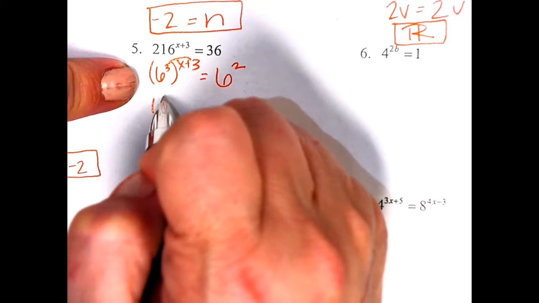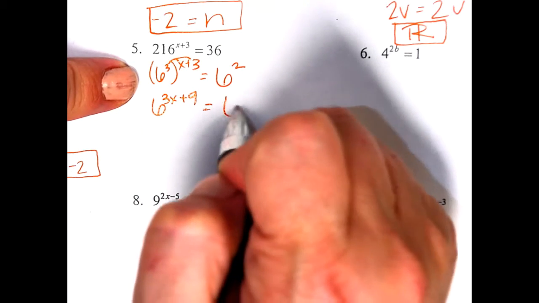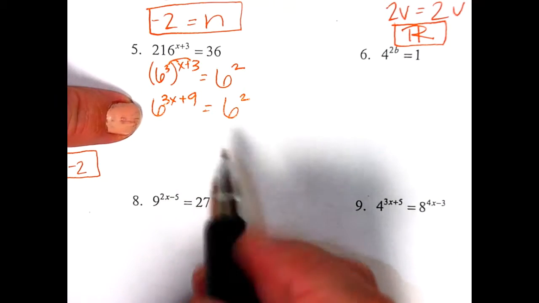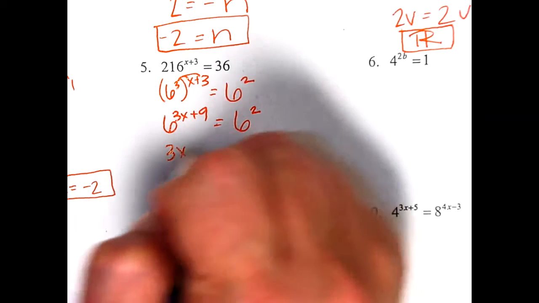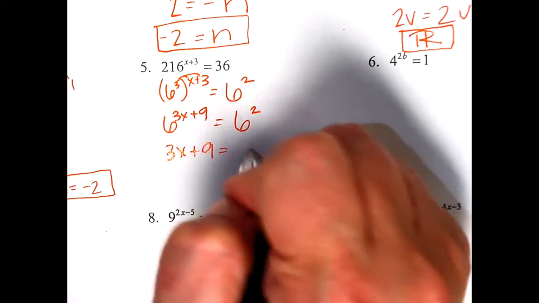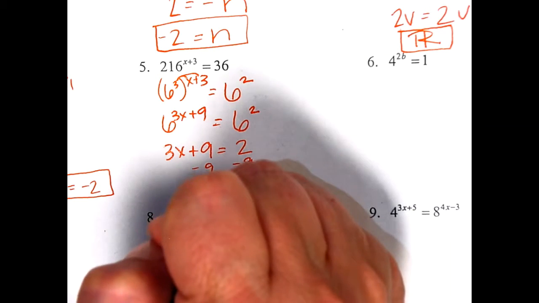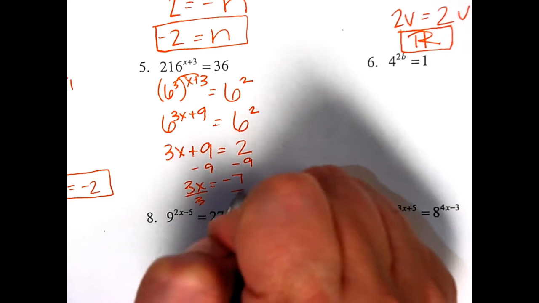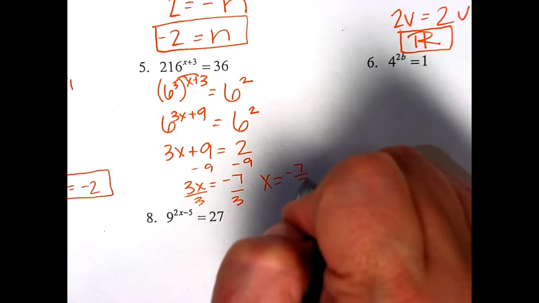So I have 6 to the 3x plus 9 equals 6 squared. So now that I have the same bases, I can drop them again. I have 3x plus 9 equals 2. So I'm going to subtract 9. So 3x equals negative 7. Divide both sides by 3. x equals negative 7 thirds.